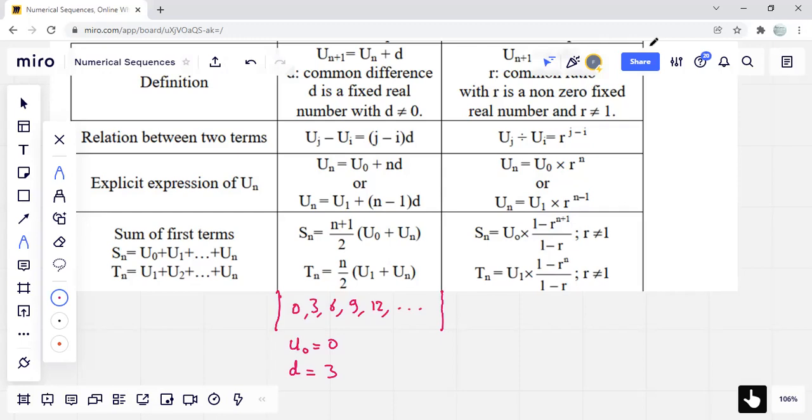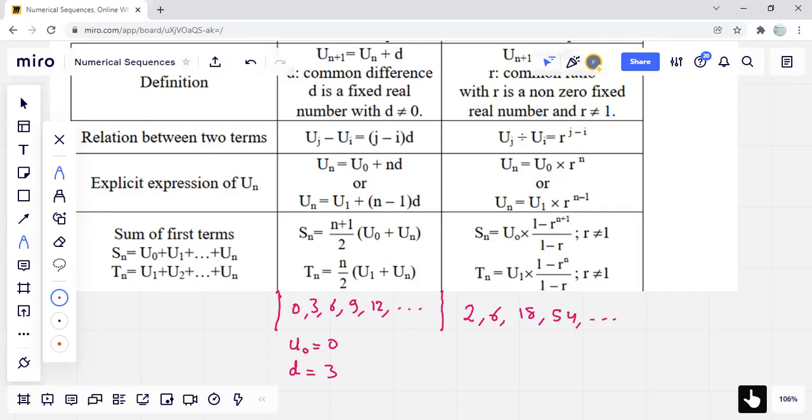This is different from the geometric sequence, where, for example, we start at 2 and multiply by 3. So 2 times 3 is 6, 6 times 3 is 18, 18 times 3 is 54, and so on.